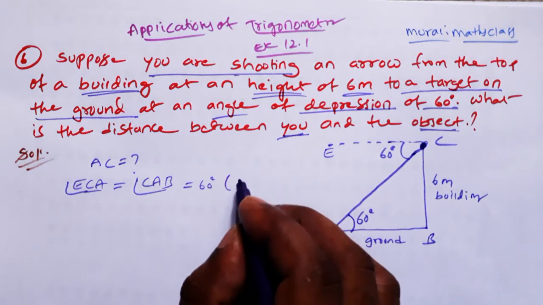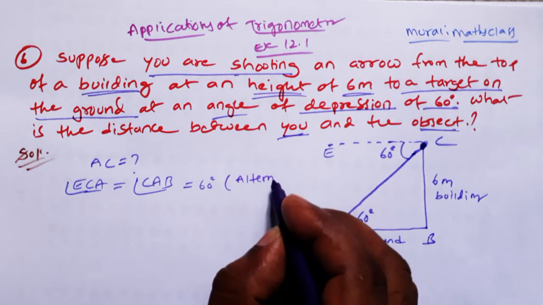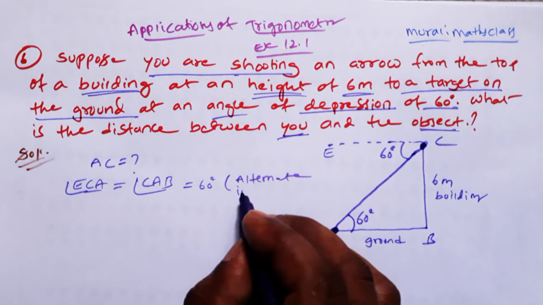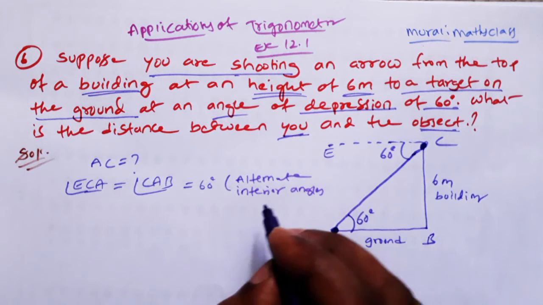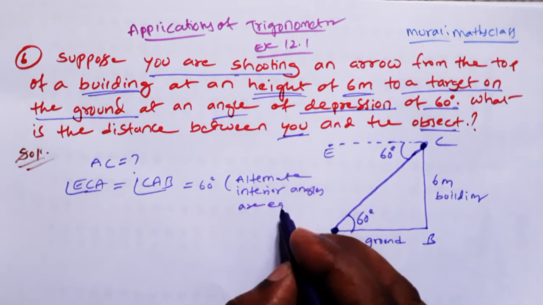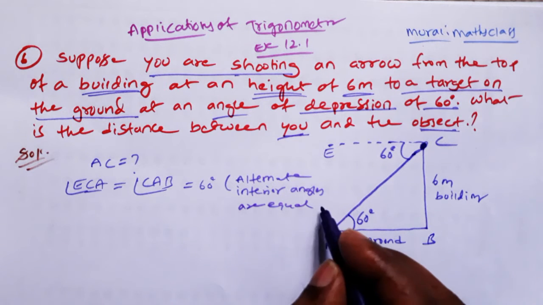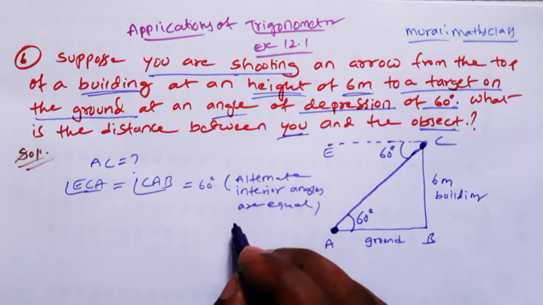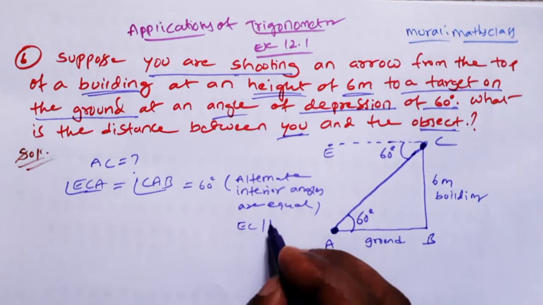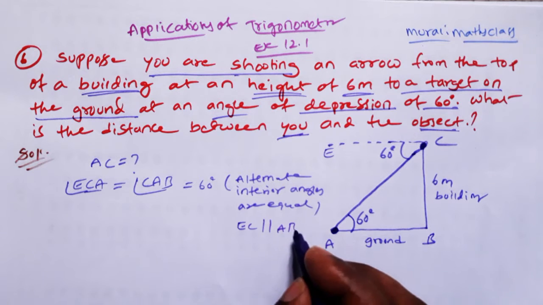Why? Because alternate interior angles are equal. Why is it equal? These two are parallel lines. EC is parallel to AB.